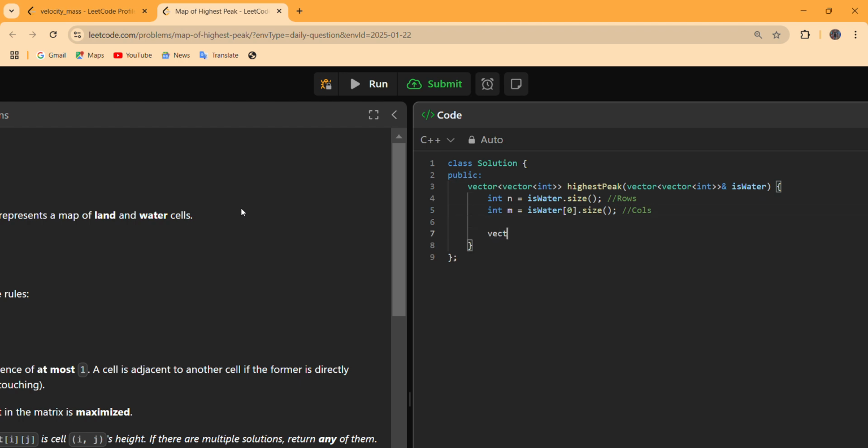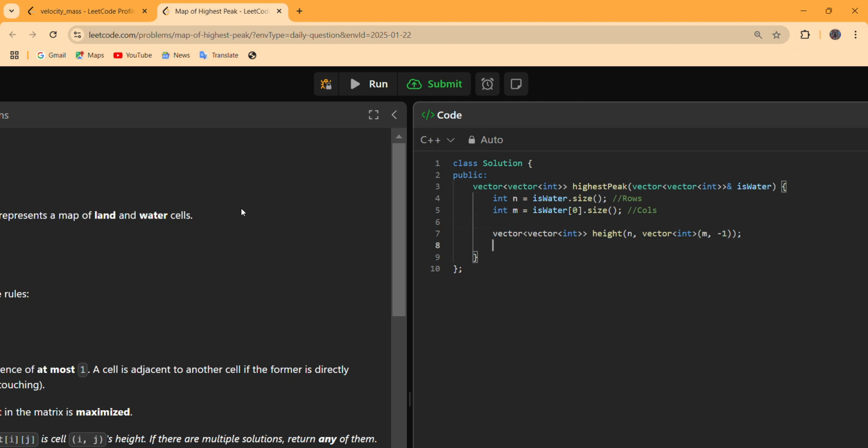Now let us create our answer result and name this as height, which is of the same dimensions as the input matrix, initially containing -1 in all places.